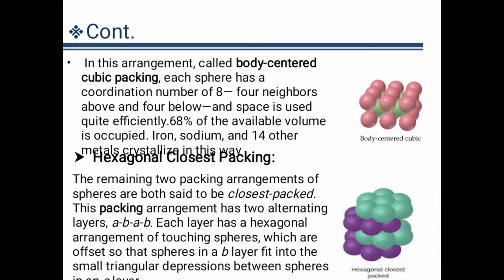This packing arrangement has two alternating layers, AB. Each layer has a hexagonal arrangement of touching spheres, which are offset so that spheres in layer B fit into the small triangular depressions between the spheres in layer A.